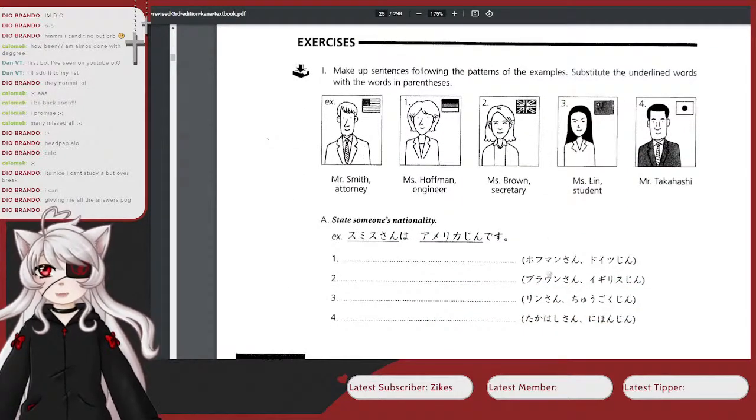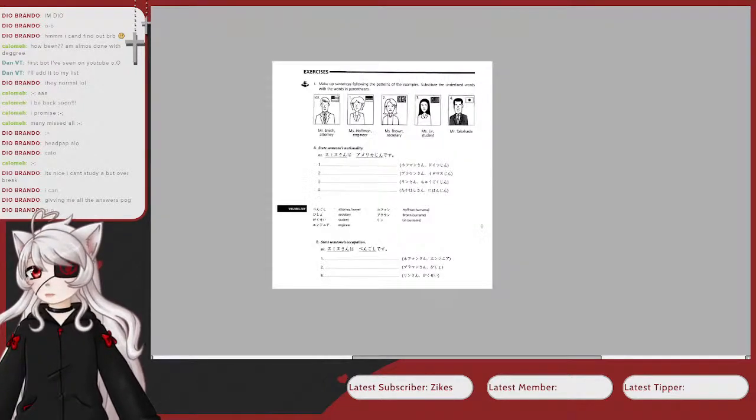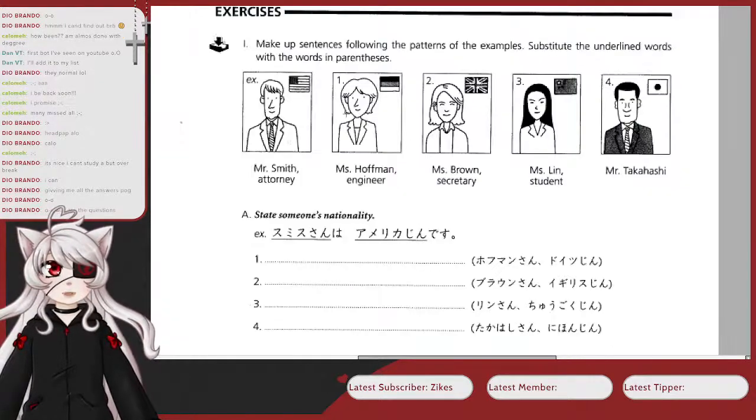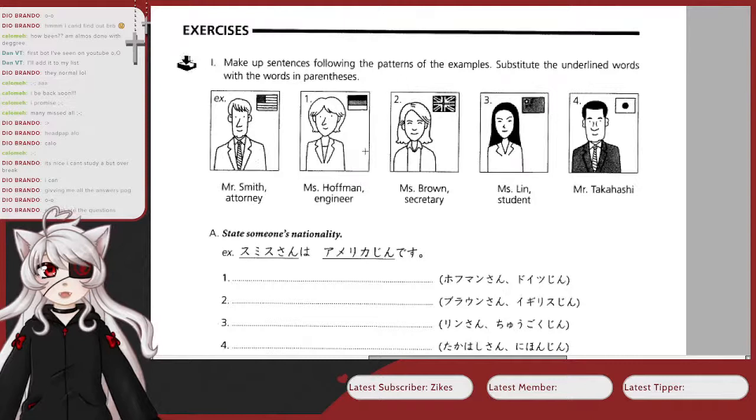So using those, we then have the exercises. So, what are the questions? So we have to write every person's nationality in the right boxes.